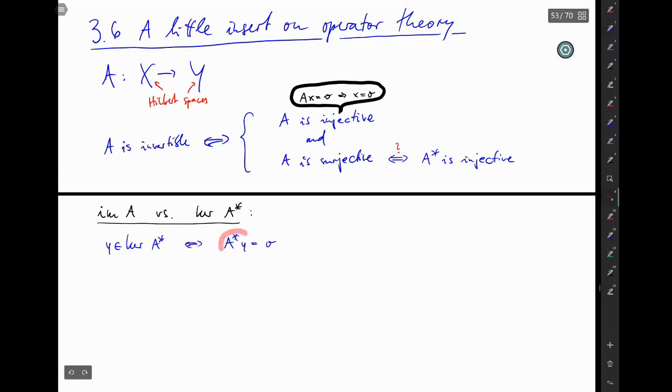Now, because the output of A star is in X, that must be the 0 element of X. And the 0 vector of X is the only vector that is orthogonal to all other vectors in X. So now we are using that we have scalar products. So all elements of X are orthogonal to my vector A star y that claims to be the null vector.